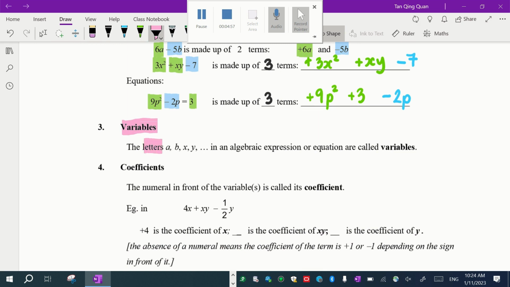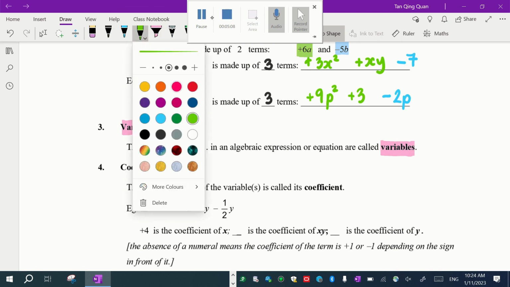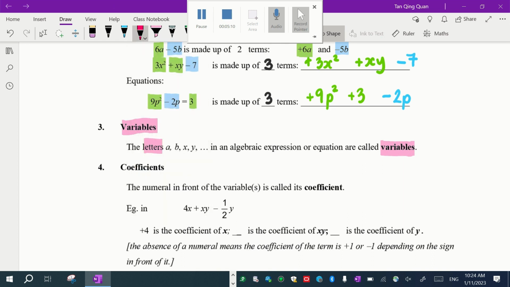They are what we call variables because they can represent any value. That's the reason why they are called variables, because they can represent any values.